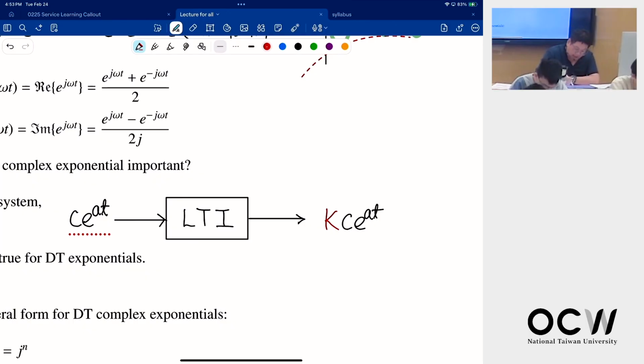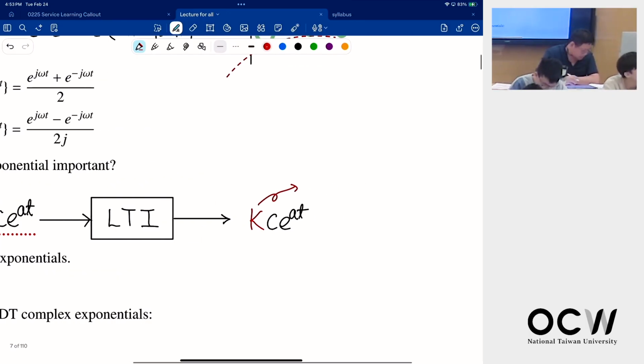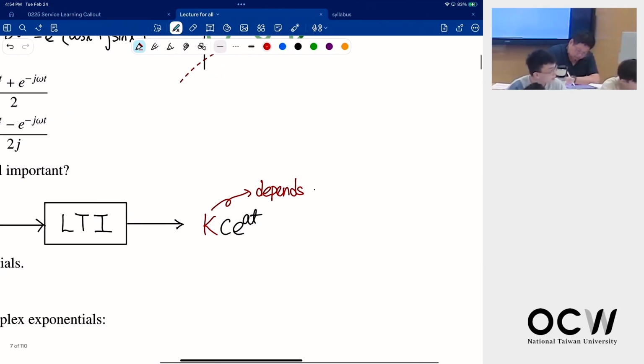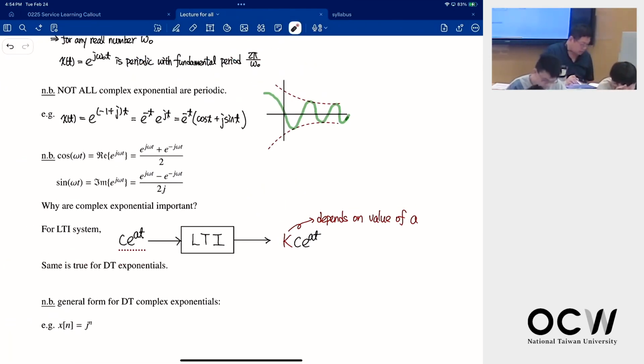And this k depends on the value of a. Later on, but not this week, maybe next week or in the third week, we will see that.